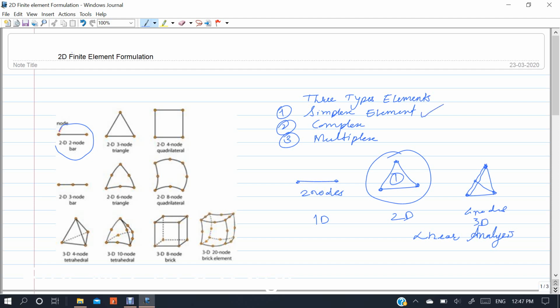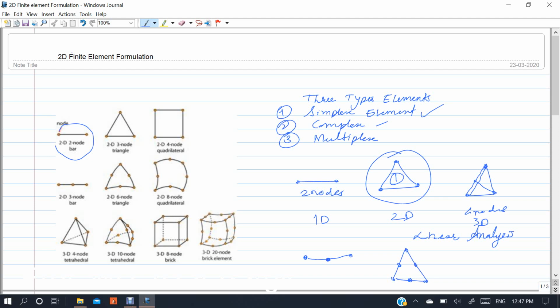So what about the complex elements? Considering the first, this 1D element, what will differ is that it has an intermediate node. In 2D also it will become this way, so the nodes will increase to intermediate nodes.